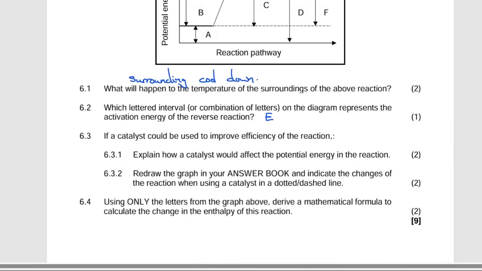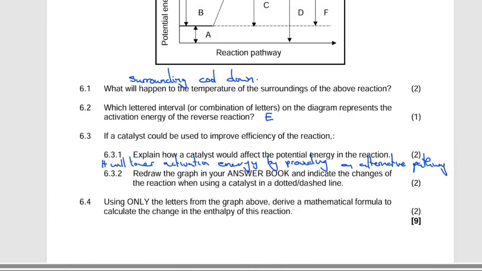So it will lower the activation energy by providing an alternative pathway. So this is what we are having there.